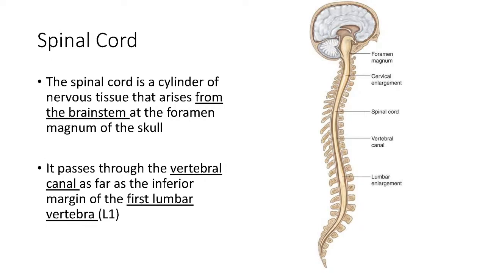So the spinal cord is a cylinder of nervous tissue that arises from the brainstem at the foramen magnum of the skull. Remember, foramen magnum was Latin for big hole, and it's the passageway for the spinal cord out of the brain and into the vertebral canal.